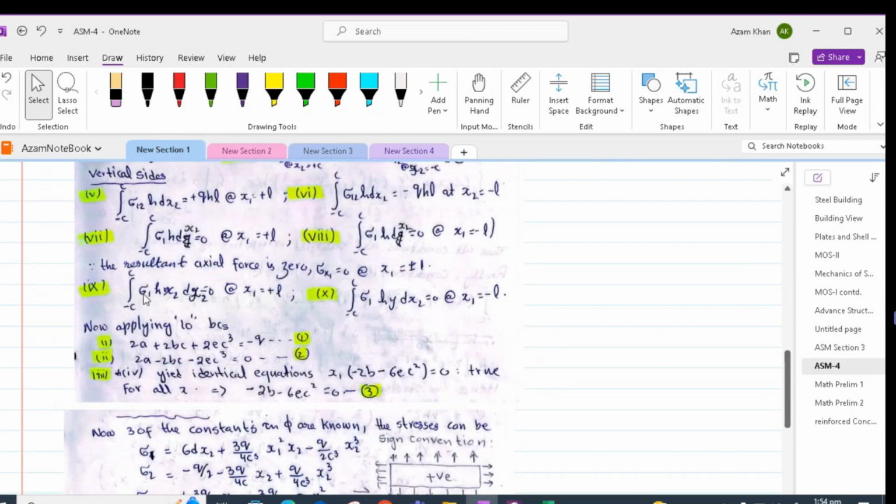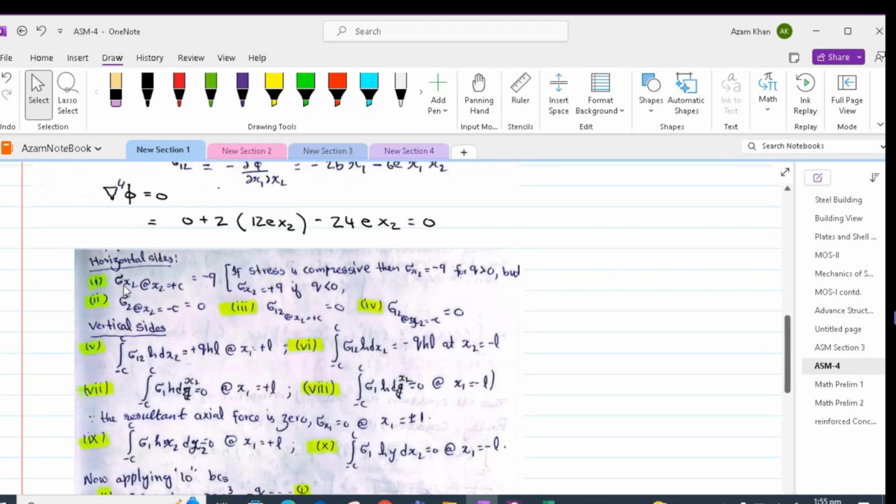So we have sigma 1 h dx2, which is a force, times x2, which is the lever arm, and this is integrated between minus c and plus c, and that should be equal to 0. So that is for x1 equal to plus L. Similarly, at x1 equal to minus L, we will have the same integral equal to 0.